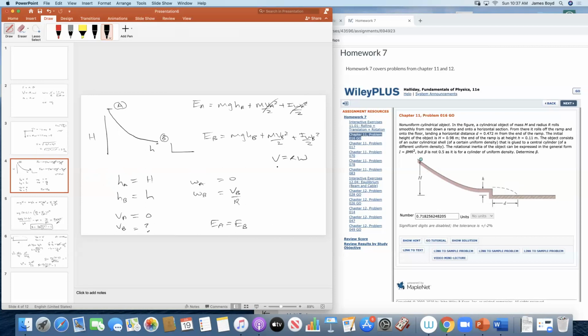Use the rolling without slipping condition to turn omega into v, and use that to determine what beta is. It's a little bit of a complicated problem. Once you've done it like twice, though, it's totally easy, and you should understand a lot of things about energy and rotation from this. Okay.